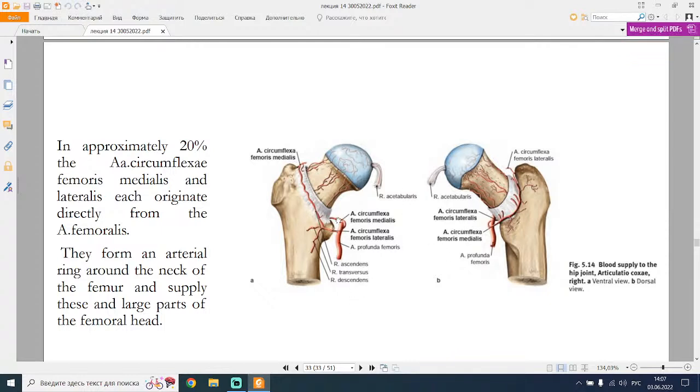This is, you see, arteria circumflexa femoris medialis, circumflexa femoris lateralis, and gives off rami ascendens, transversus, descendens. Ramus acetabularis.